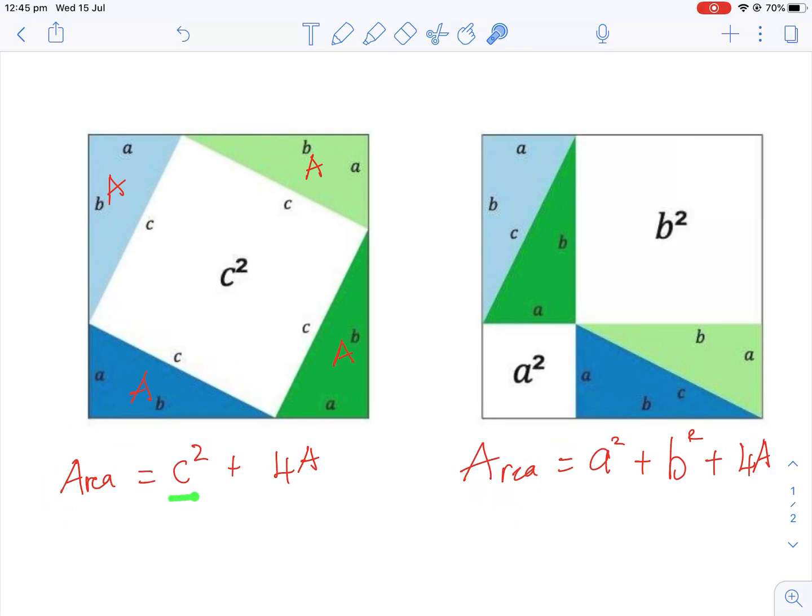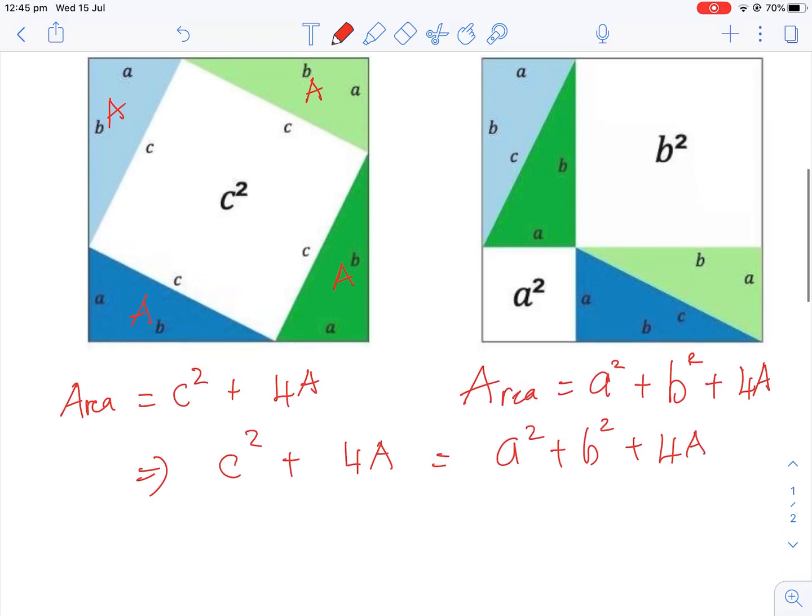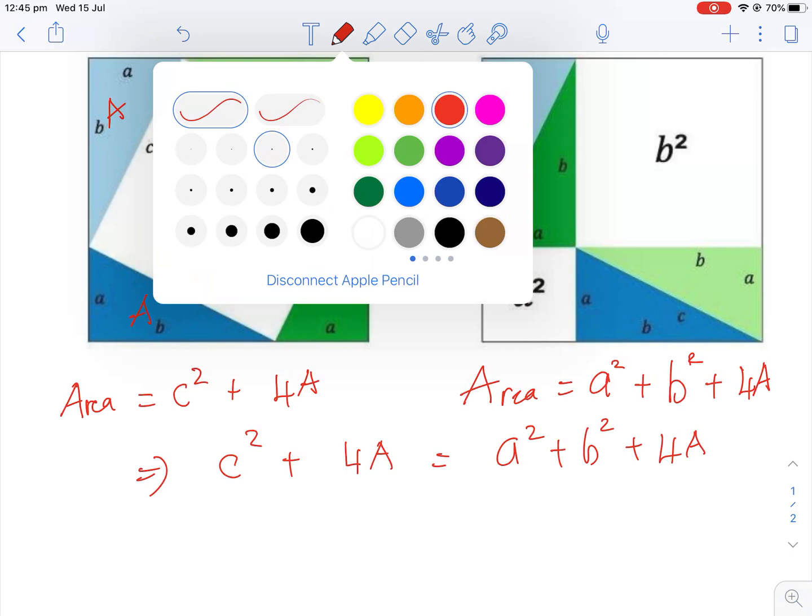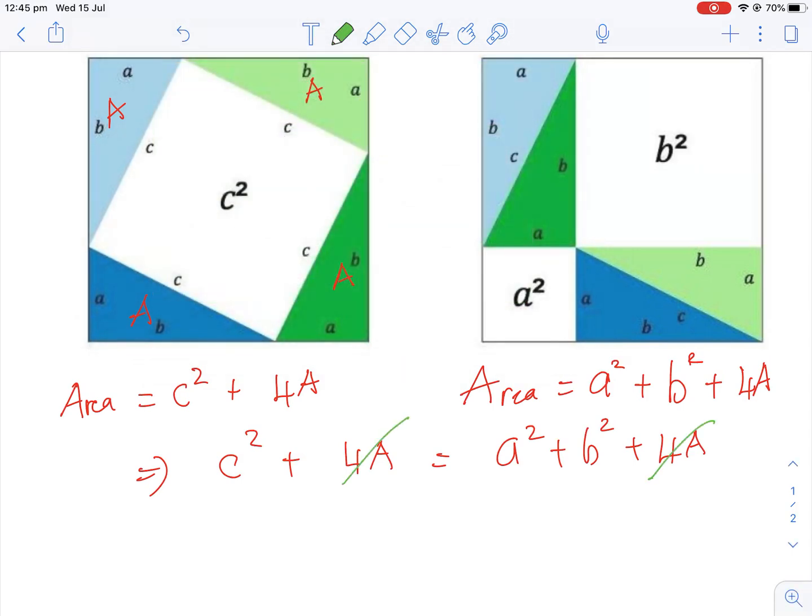So when you equate these two equations, you will have C square plus 4A equals A square plus B square plus 4A. Then I cancel out 4A on both sides of the equation: I take away 4A here, I take away 4A here, so it's cancelled out.